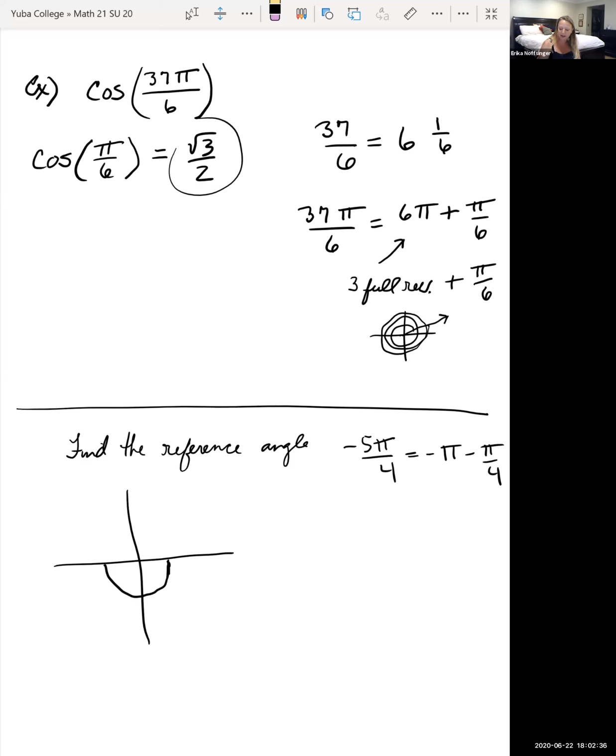And so pi fourths I know is 45 degrees, so I know I have to go about 45 degrees. Oops, this direction. So the reference angle is always the angle between the terminal side and the x-axis, the closest piece. And so in here, this angle between this terminal side and the x-axis is a length of pi fourths.